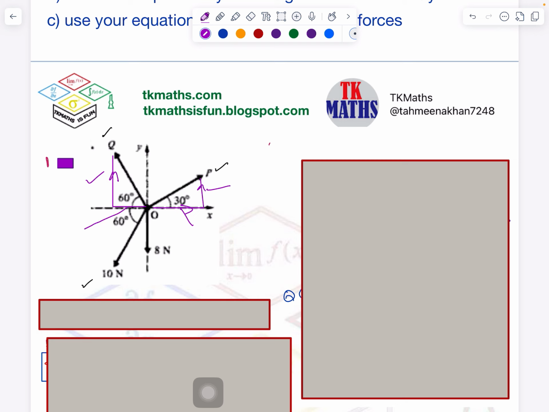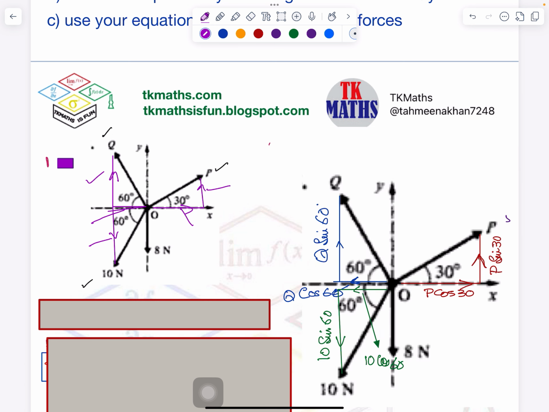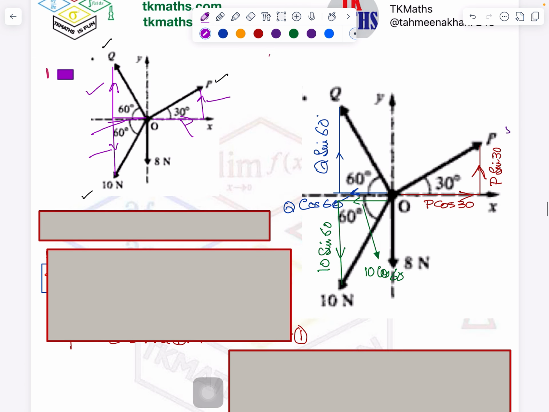This one will be Q cos 60. Similarly, if you resolve this one, 10 Newton, then this is your 10 sine 60 and this is 10 cos 60. So I've done here neatly because I'm going to use this in solving the unknown forces.